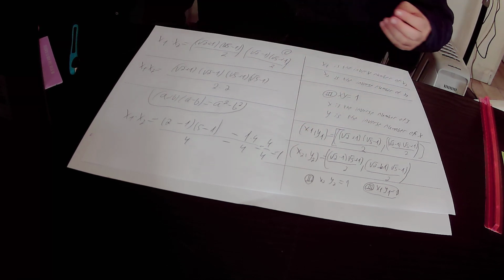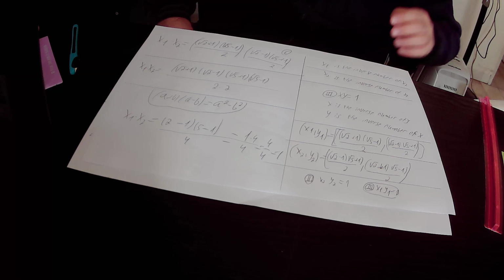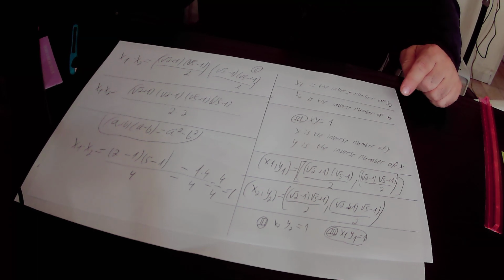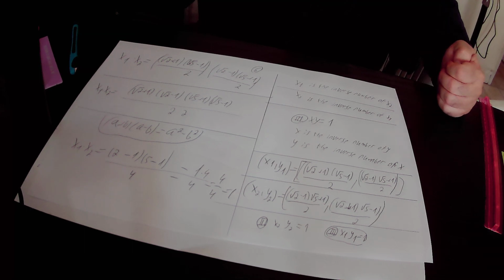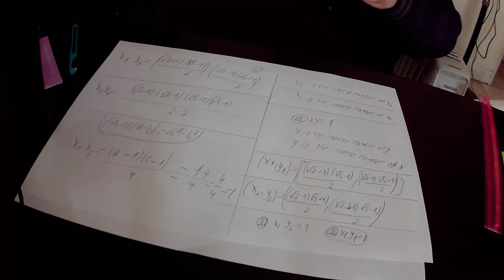So we found that x1 times x2 equals 1, that is to say x1 is the inverse number of x2, and x2 is the inverse number of x1. But according to equation number 3, we have already found that x times y equals 1. It means that x is the inverse number of y, and y is the inverse number of x.